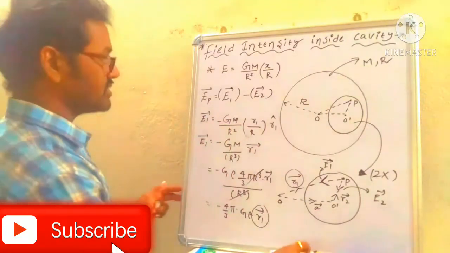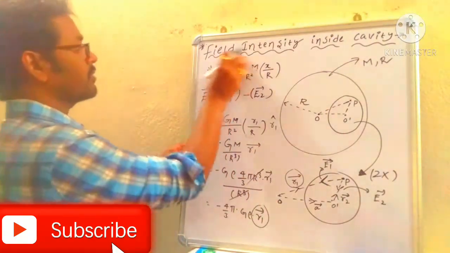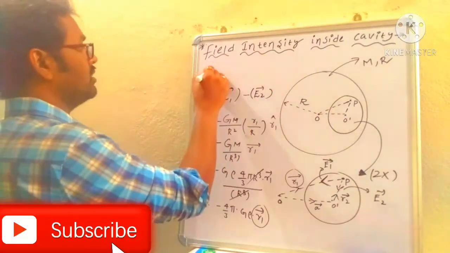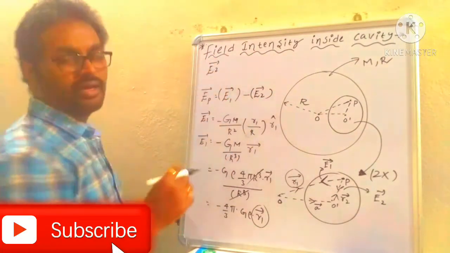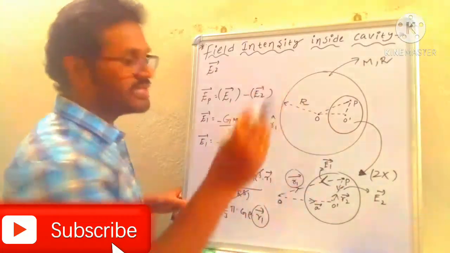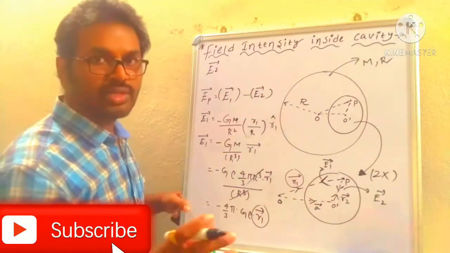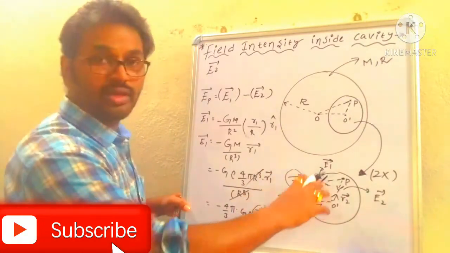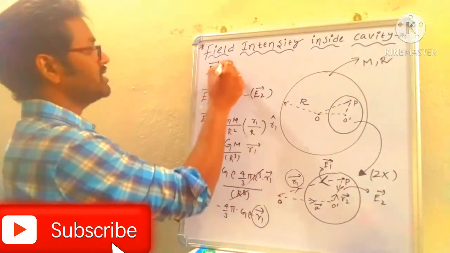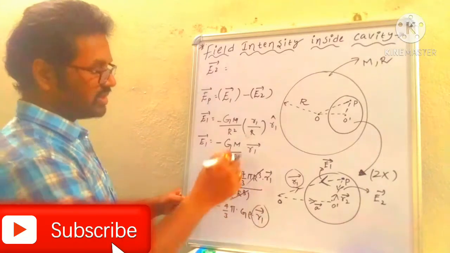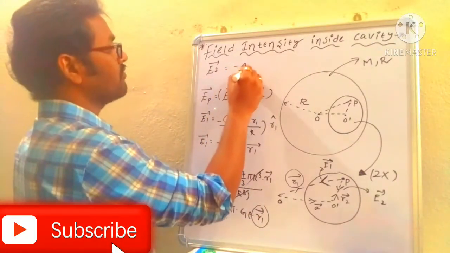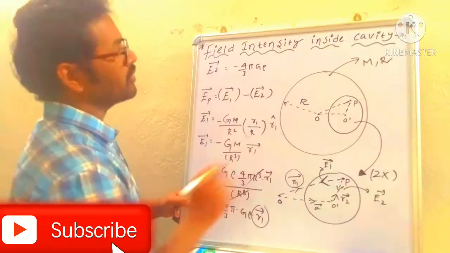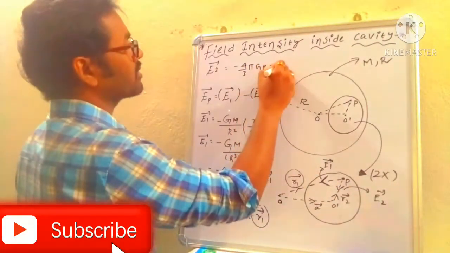So it comes similarly as E2 bar, which is the field intensity at this point due to the removed mass. How much is it? With this we can write minus 4 by 3rd pi G rho into the position vector R2 bar.